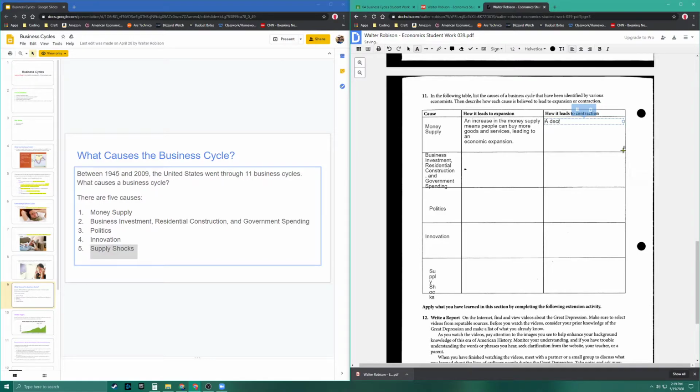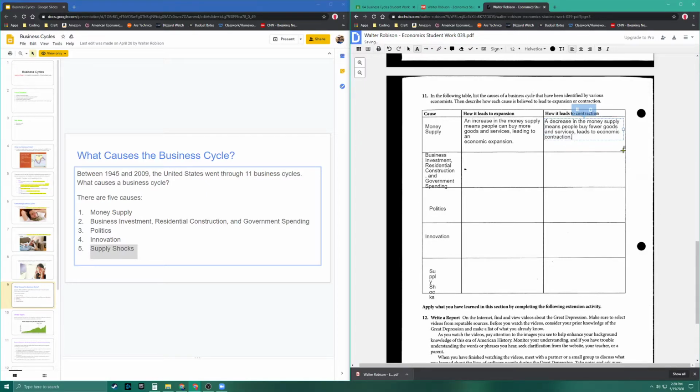A decrease means that people buy less or fewer, and then this leads to economic contraction.